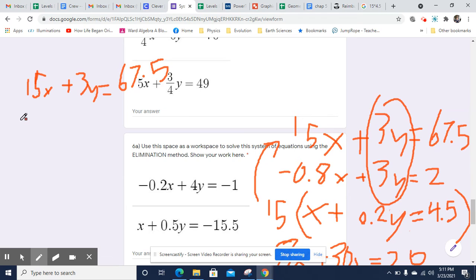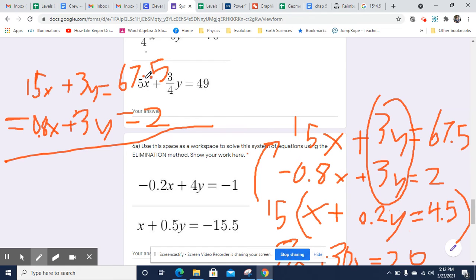And then I've got negative 0.8x plus 3y equals 2. So I'm going to subtract. I'm going to subtract this equation from the other one. So that's a negative. So I'm going to make a big subtraction here. That's not supposed to be equal sign.